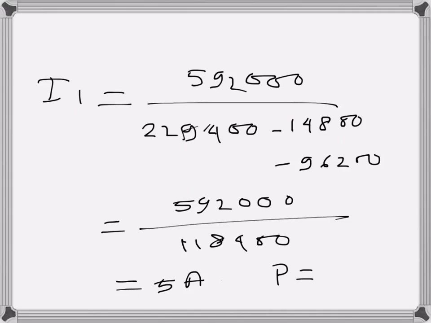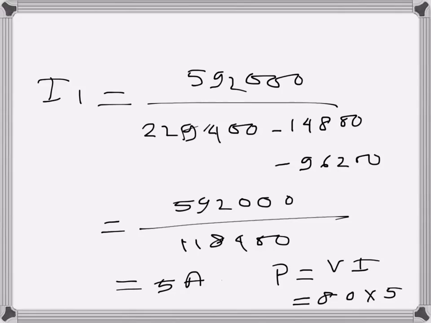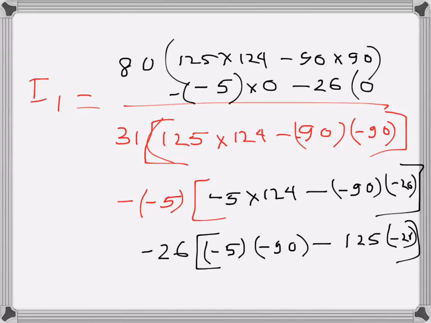We needed the power supplied by the source, which is VI, so 80 times 5 is 400 watts. So P supplied by the source is 400 watts. Just double check the calculations, but I have laid out the method. It's a very long video, but couldn't help.